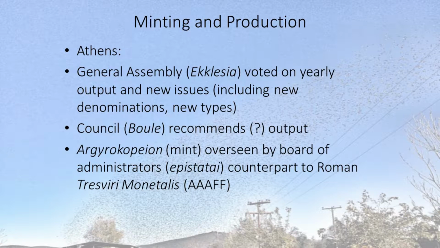By the end of the 5th century BC, it is clear that the ecclesia voted on the minting of any new series of coins, and this voting right included the capacity to introduce new denominations and new coin types, new images on the coins. These offices effectively shaped the use of coinage in their city and for their economy.